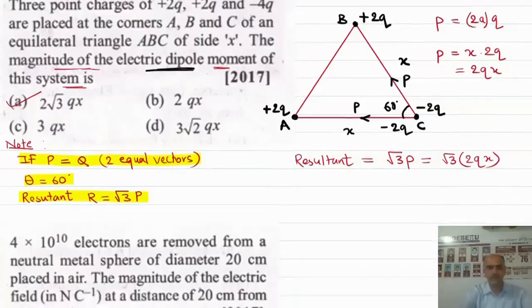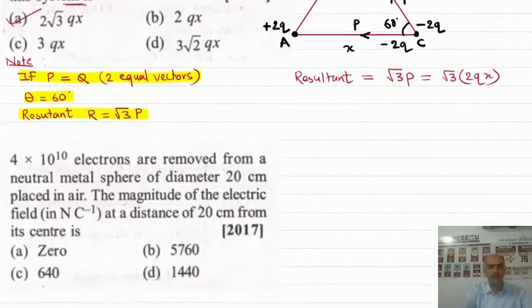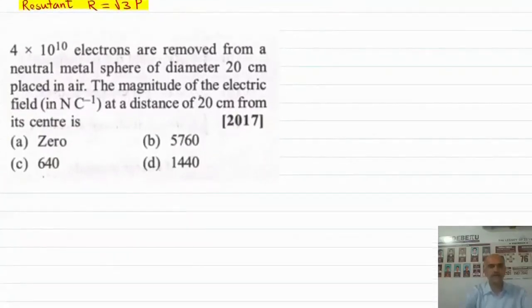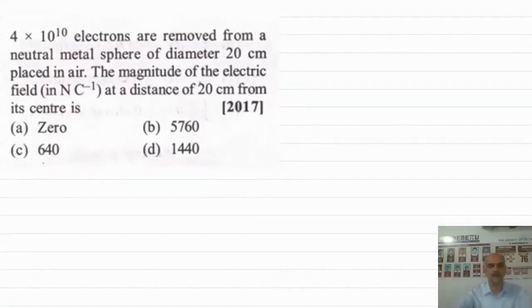Next problem: 4 into 10 raised to 10 electrons are removed from a neutral metal sphere of diameter 20 centimeters. You are required to find the magnitude of electric field at a distance of 20 centimeters from the center. So there is a metal sphere, diameter is given as 20, which means the radius is 10 centimeter.